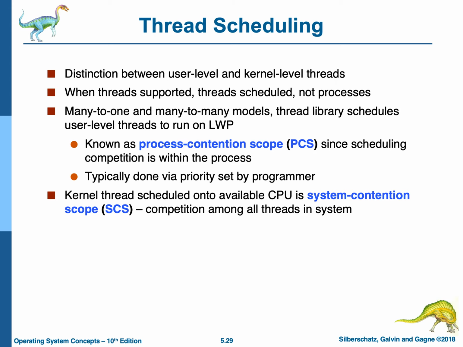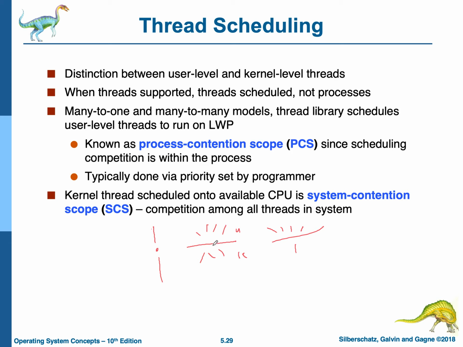The user level threads are ultimately mapped into the kernel level threads, as we have already seen in our previous chapter, chapter 4, where we have many approaches: one to one, many to many, and also many to one. This is the user level and this is the kernel level.